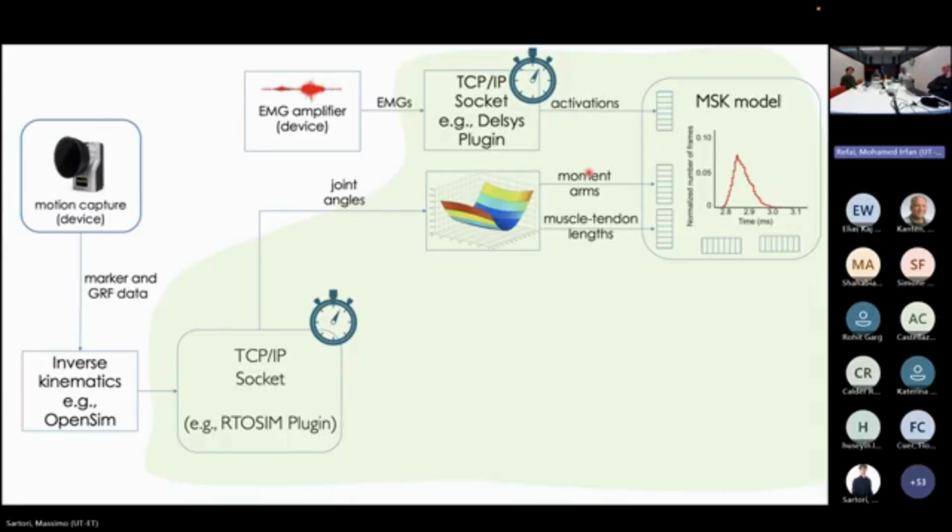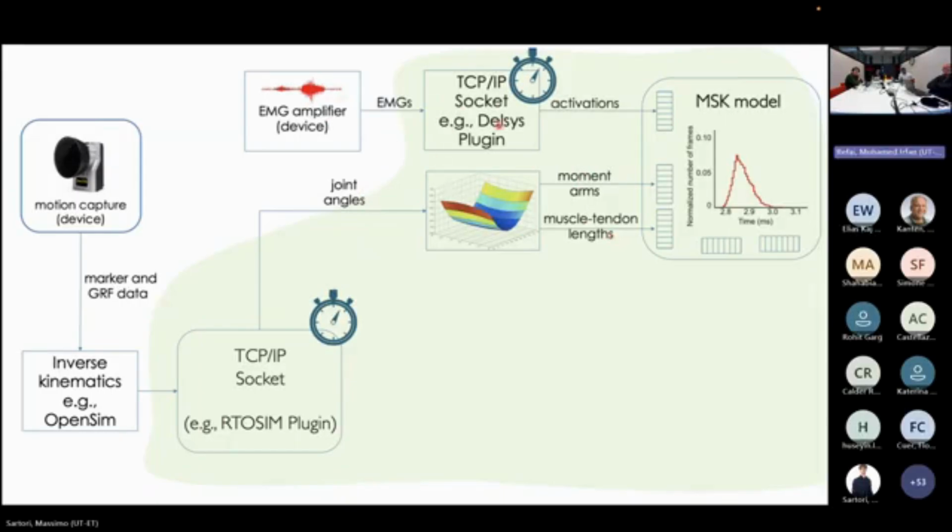So if you are loading a trunk model, or a leg model, or an arm model, this spline block is essentially a family of splines that model every single muscle tendon unit as a multi-variable function that, given input joint angles, estimates the resulting muscle tendon moment arms and muscle tendon lengths.